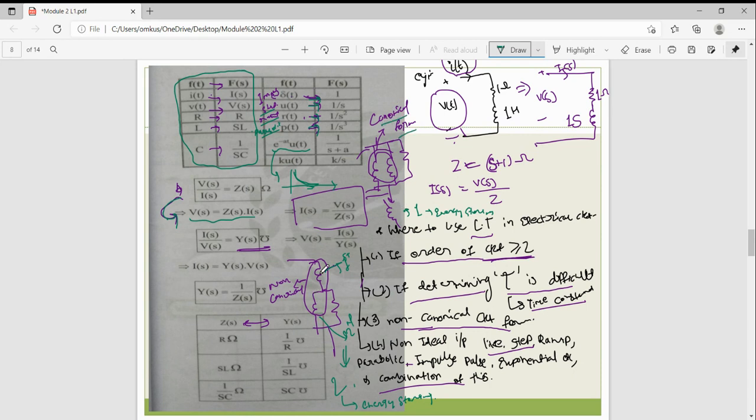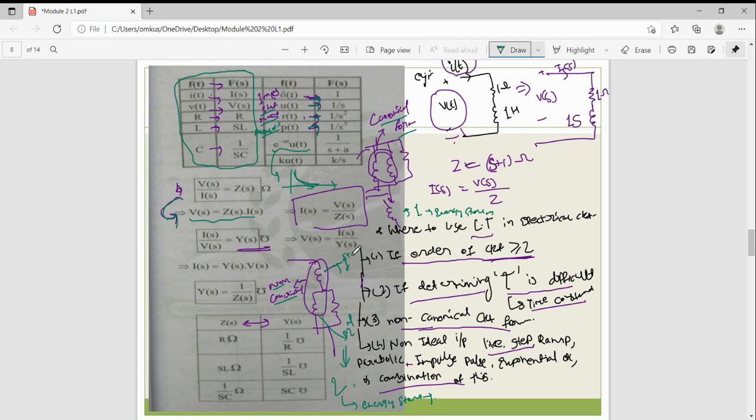And when the circuit is given such that these two inductors cannot be combined, that circuit is a non-canonical form circuit, and the energy storing elements in that circuit are 2, because you are not able to combine the two inductors.